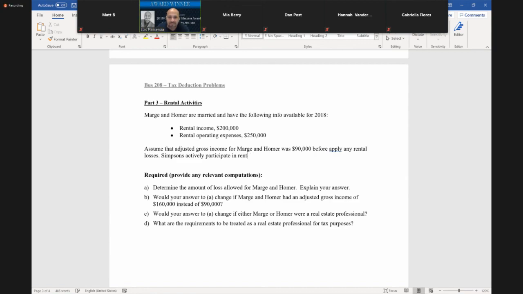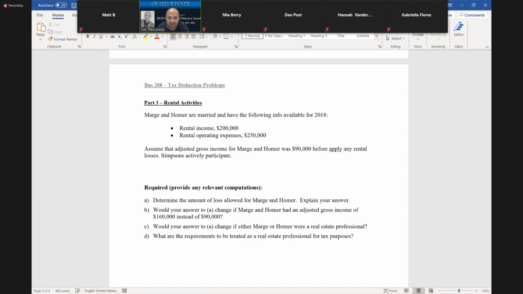So the net loss is $50,000, right? You guys see that, $50,000? How did I get to $50,000? $200,000 rental income minus $250,000 rental expenses, right? The modified adjusted gross income is $90,000, assuming they actively participate.